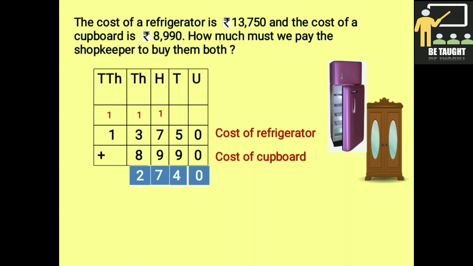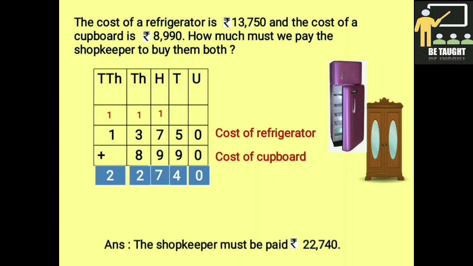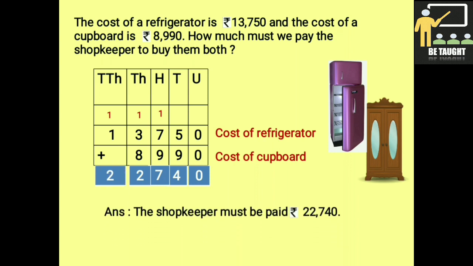Now here we have one more column because it's a 5-digit number. So 1 plus 1 gives us 2. So our final answer is the shopkeeper must be paid rupees 22,740. Now we shall see the sums of subtraction.